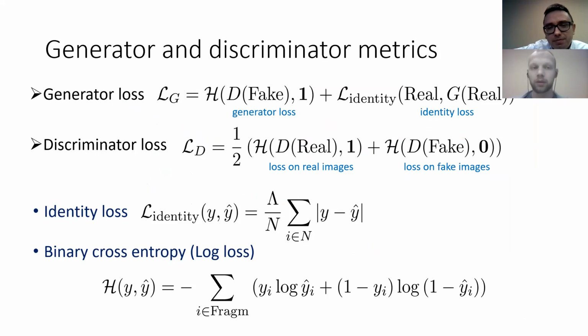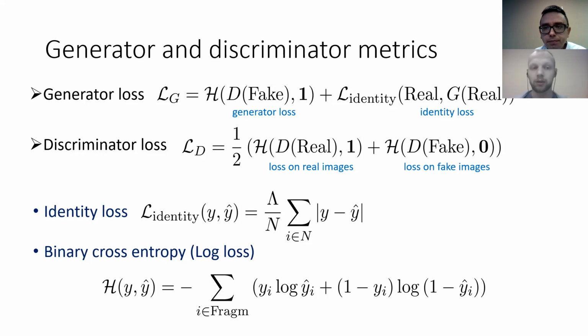So for the generator loss function, we actually take two parts. First, we look at the discriminator's estimation of our generated image and want it to be as close to the real estimation as possible. We estimate using binary cross entropy, but at the same time, we want the identity loss between the real image and the generated image to be pretty small, so that we can see that it was actually close to the original image.